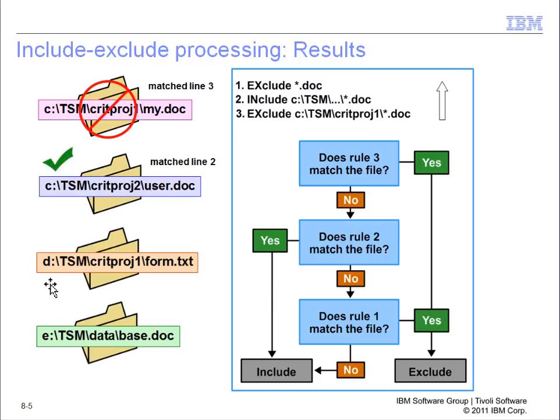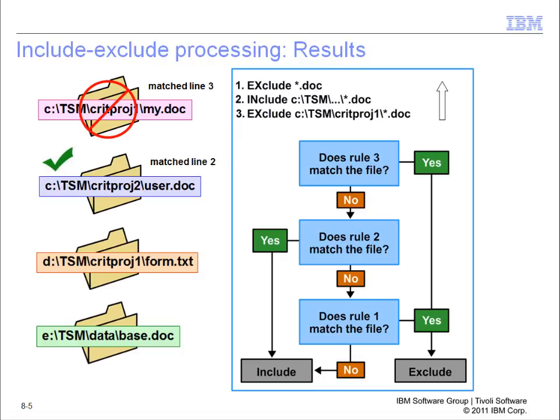Our third file is in D tsm critproj1 form.txt. Does it match line 3? No. Does it match line 2? No, it's in the D directory. Does it match line 1? Exclude anything with .doc.